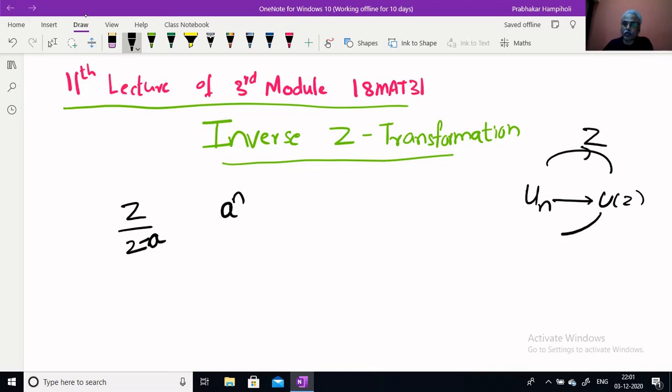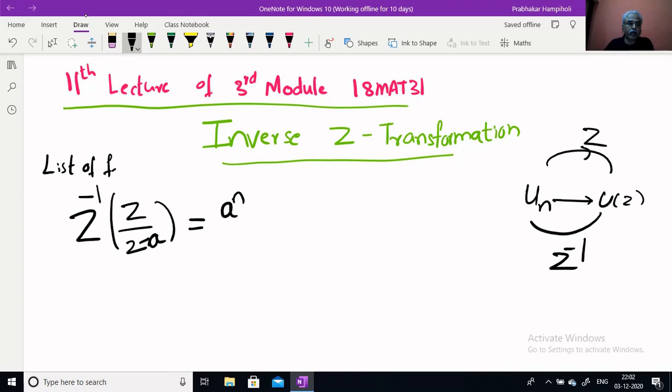Now we are going reverse, that is inverse Z transformation. So Z transformation of A raised to n was Z by Z minus A. Z inverse of this is this. So we shall have a list of formulae useful today.